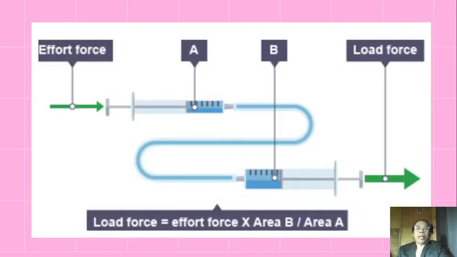So you have the effort force in our syringe A, and we have here a syringe B. You have there the load force. So load force is equal to effort force times area of B over area of A.